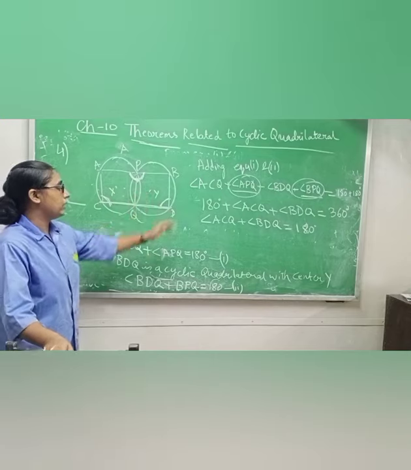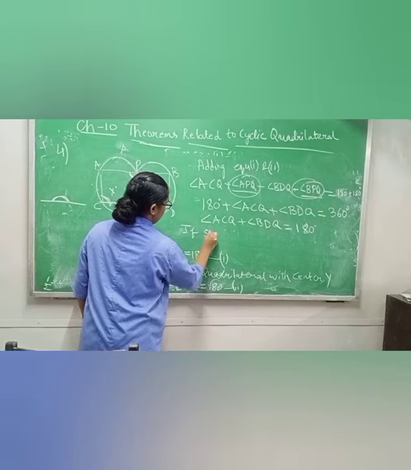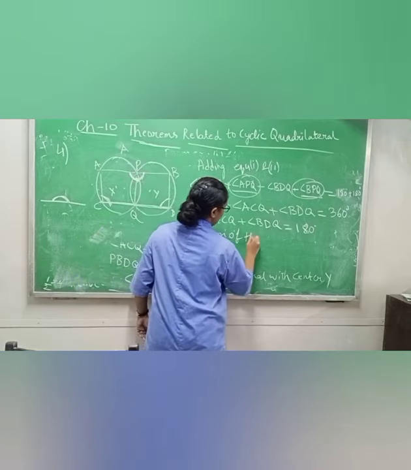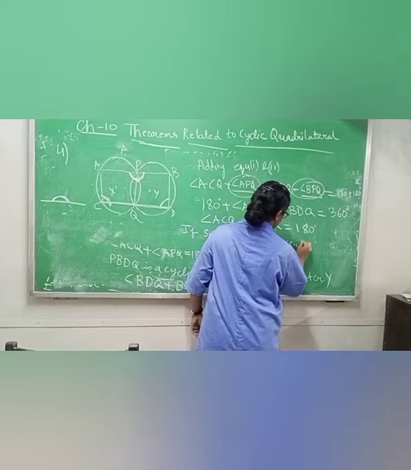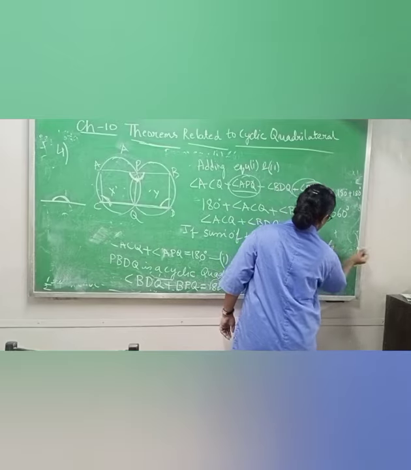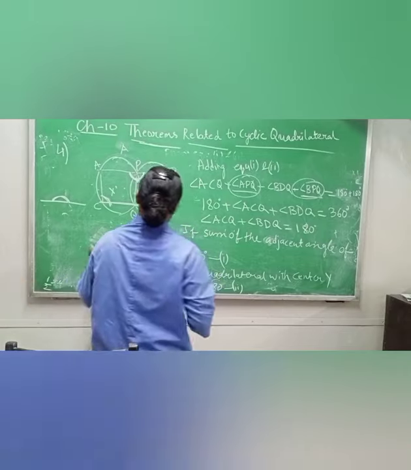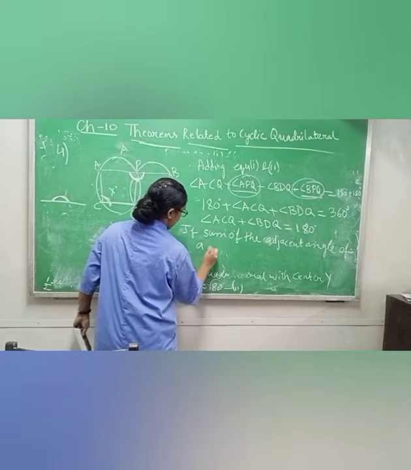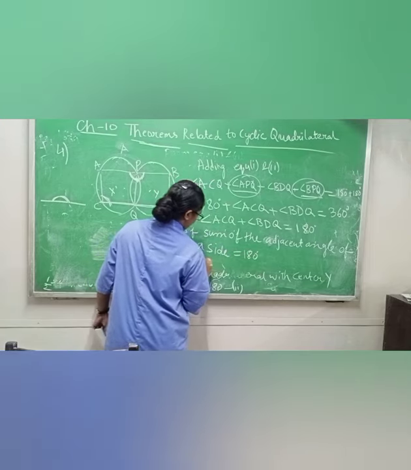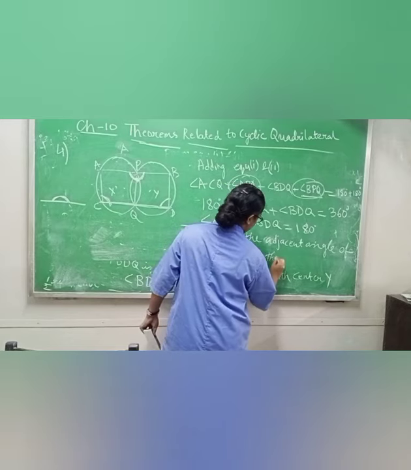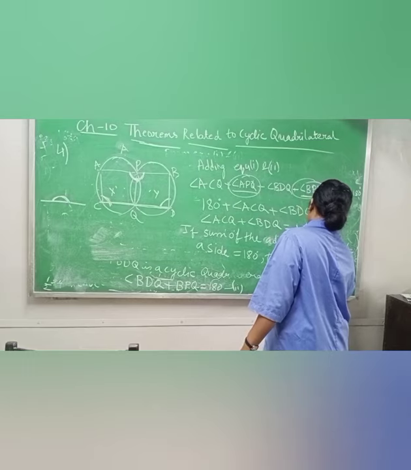Adjacent angle means one by one. So what you will write: if the sum of the adjacent angles of a side equals 180 degrees, therefore AC is parallel to BD.